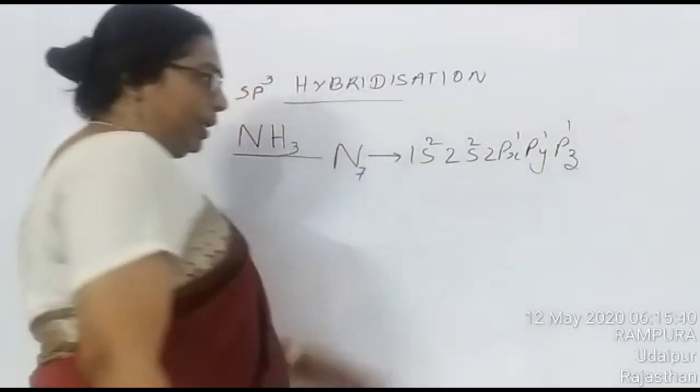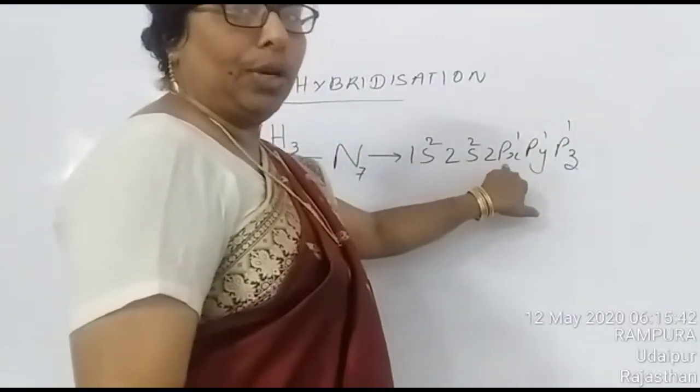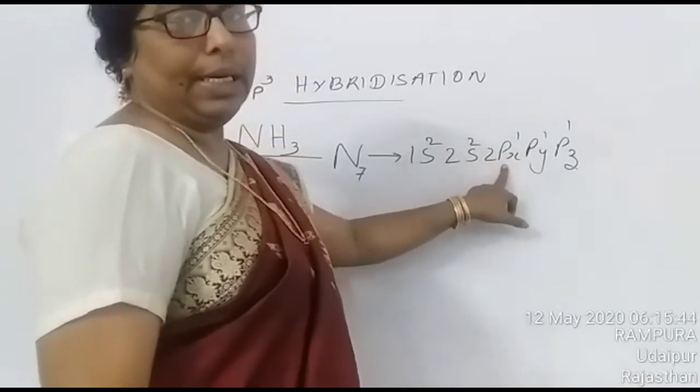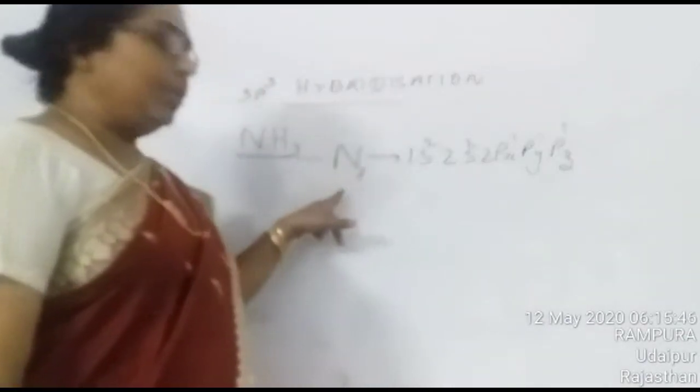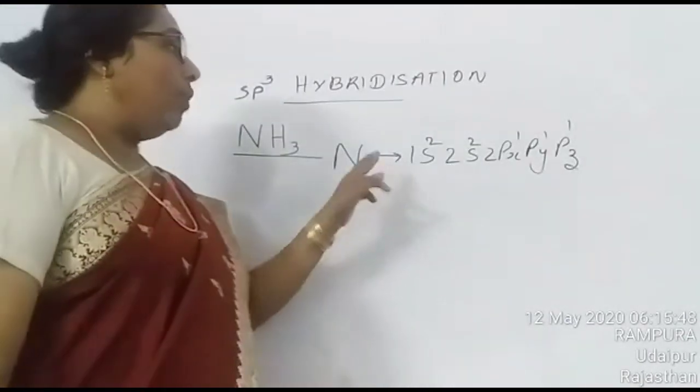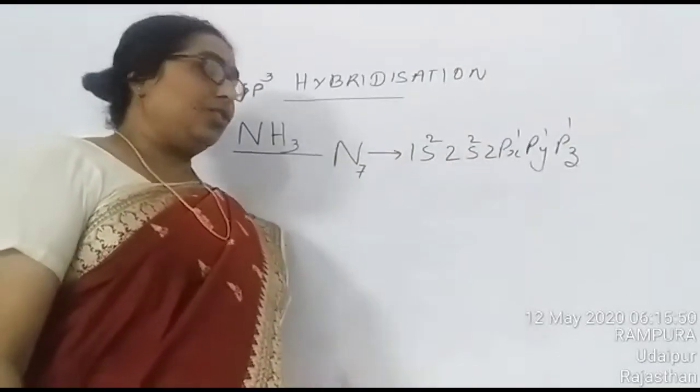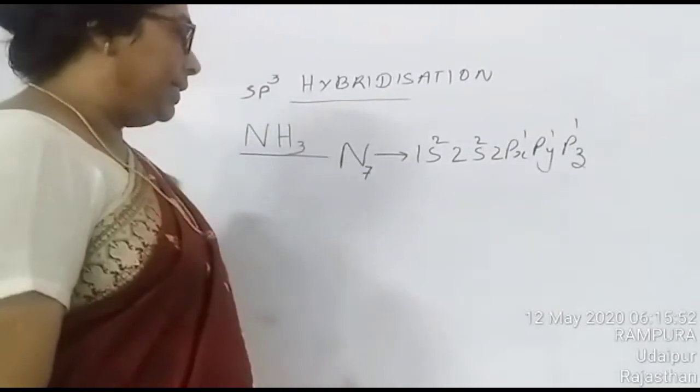Children, you must be knowing why we are writing it like this. Do you remember Hund's rule, which you have studied in the 2nd chapter? So the configuration of nitrogen is 1s2, 2s2, 2px1, 2py1 and 2pz1.